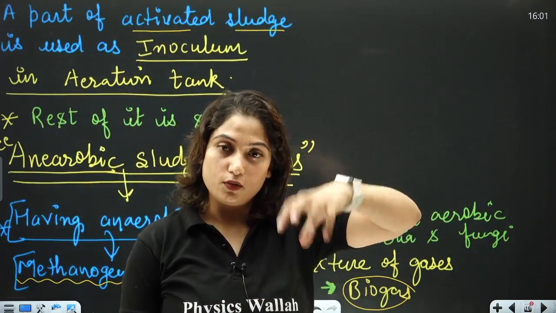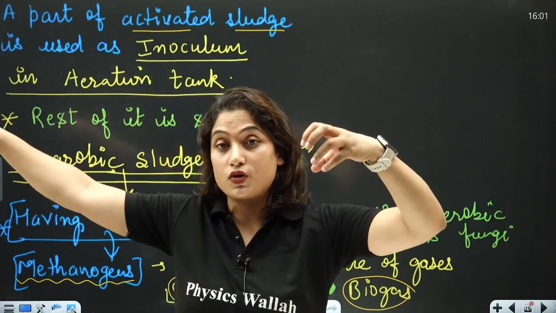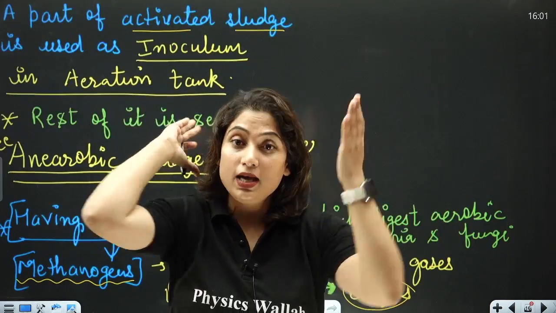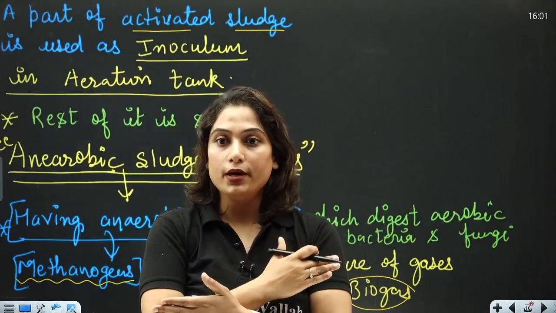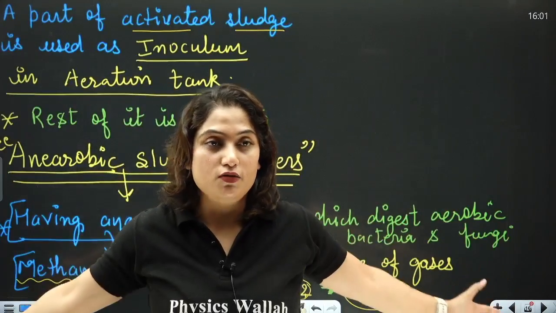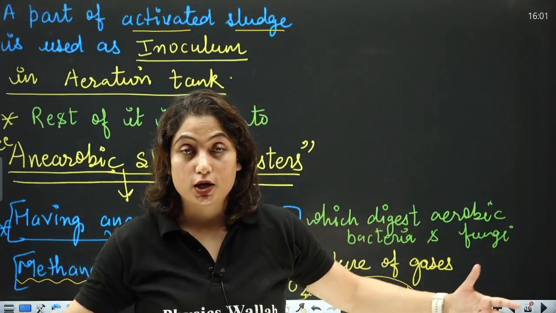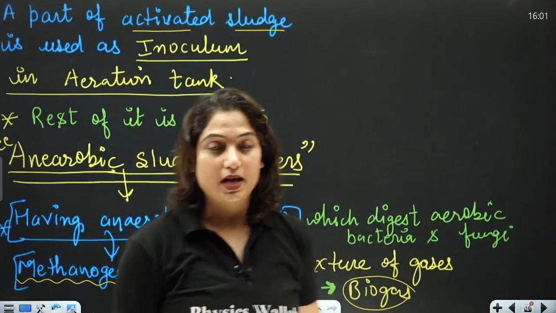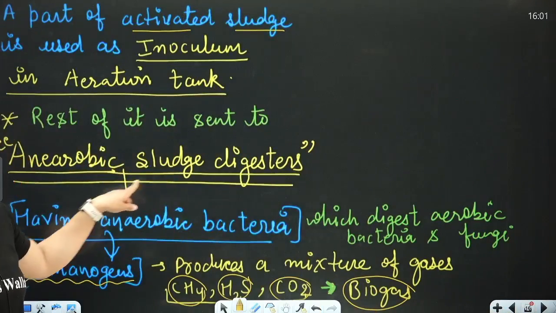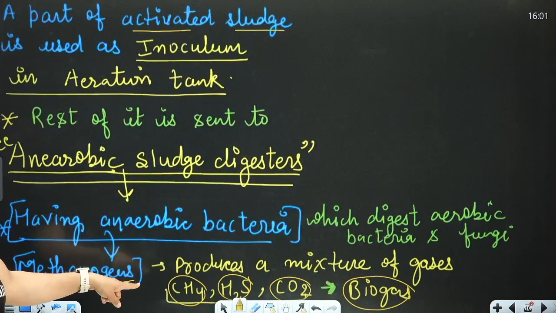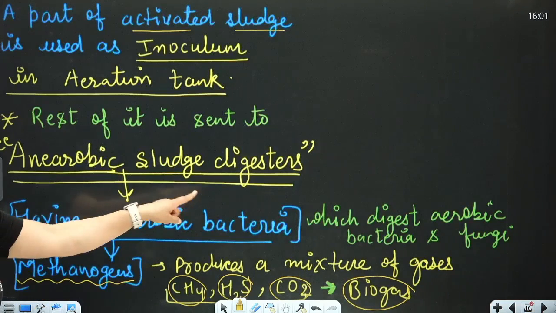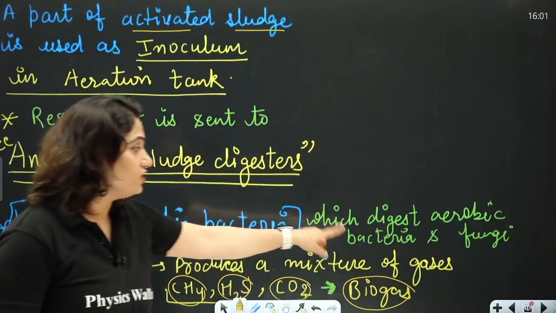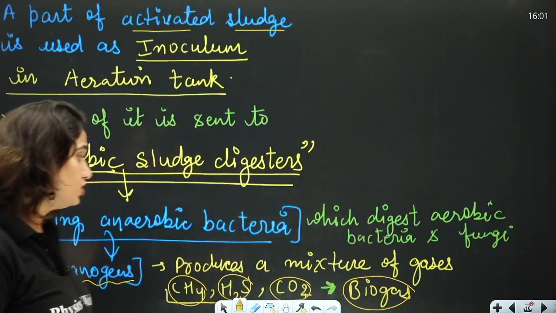A small amount of it was taken out and transferred again to the aeration tank, but most of it needs to be killed, because we do not want aerobic bacteria everywhere in the sewage treatment plant. So the aerobic bacteria and the fungi are digested with the help of anaerobic bacteria.